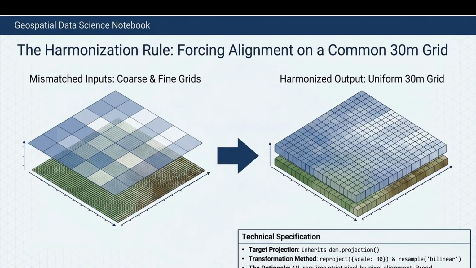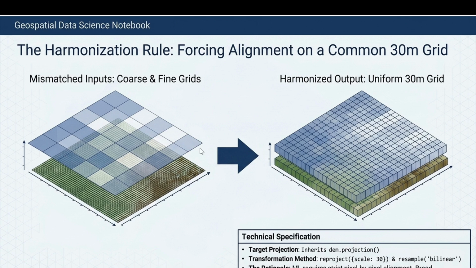And further, we apply a common scale of 30 meter. Okay, 30 meter, because mismatched input creates some problems. So that's why we apply the same scale to all the data, a 30 meter grid. Because Landsat is 30 meter, CHIRPS is 5,000 meter, so it's a mismatched input. It does not provide you good data.